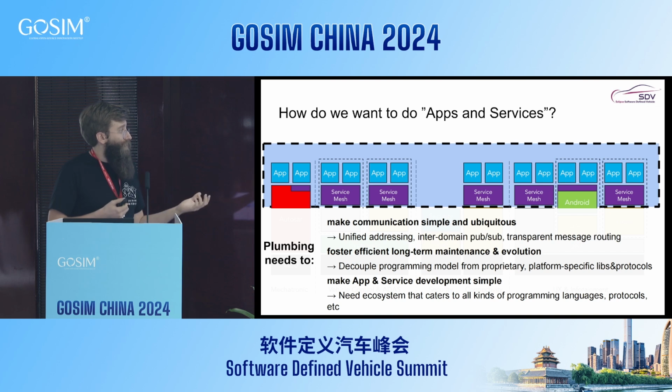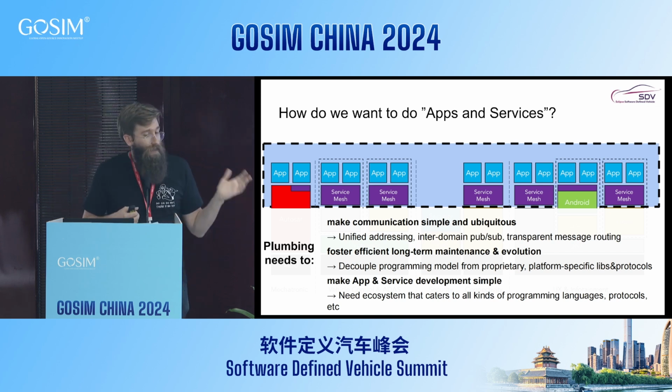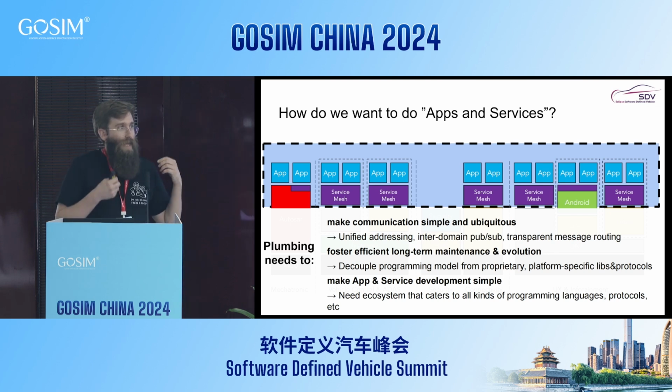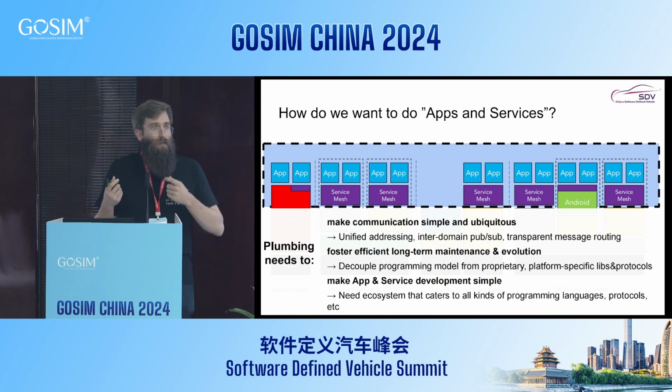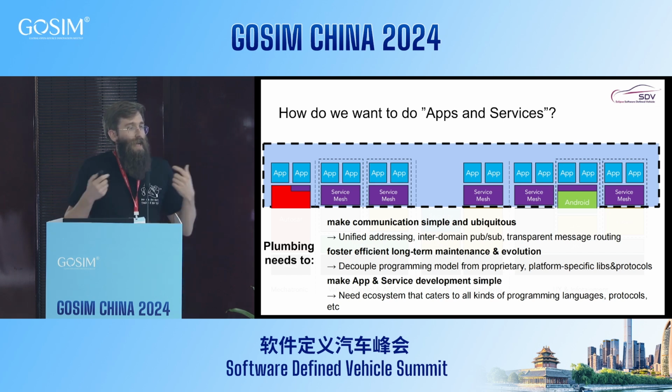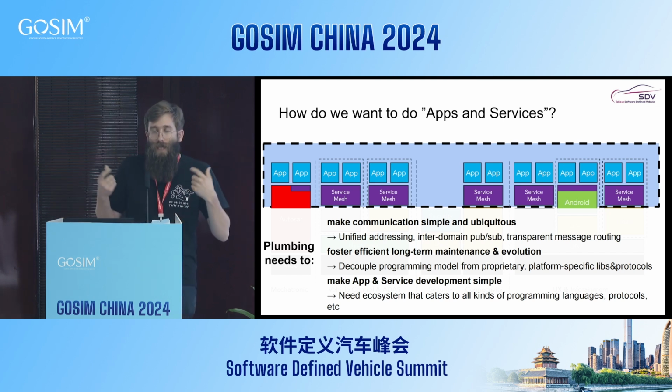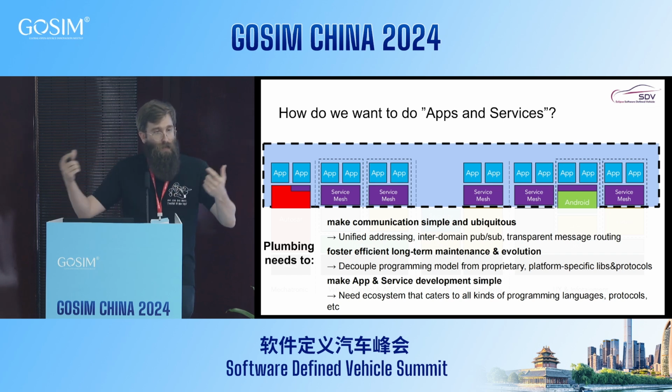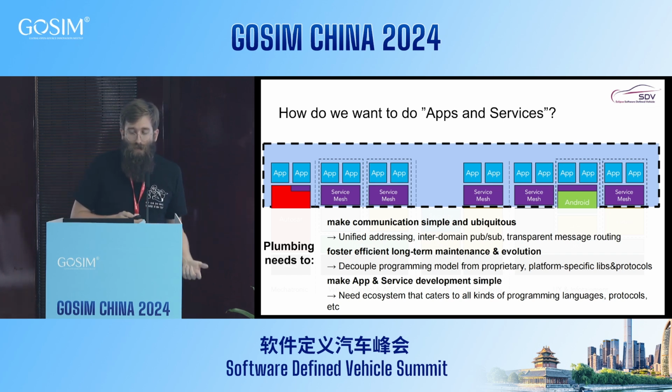The three things that will really enable that are the ability to have a unified addressing scheme, to be able to do subscriptions across different domains, different devices, and not have to worry about how the routing is happening under the hood, but just be able to request things from different devices and apps.